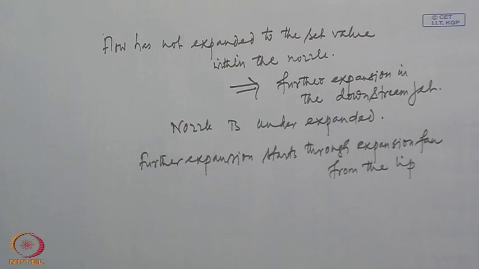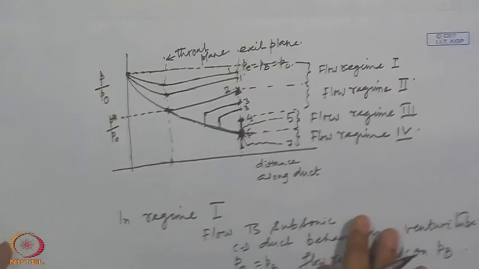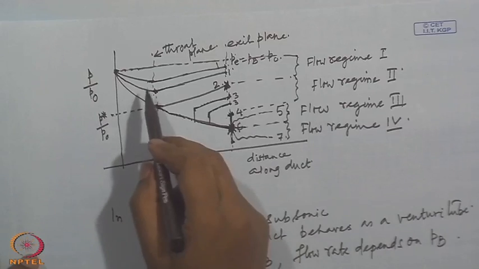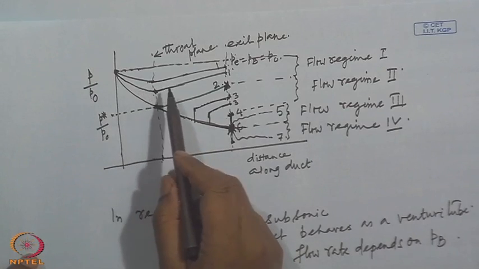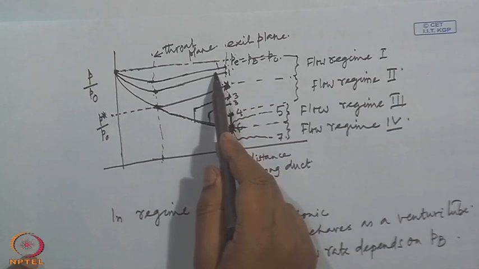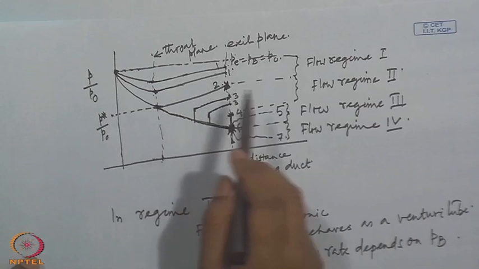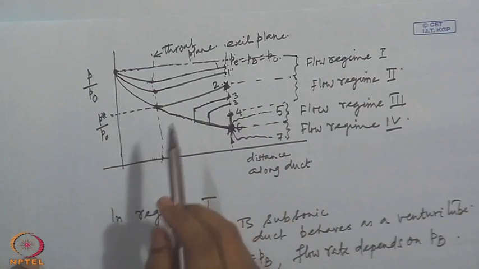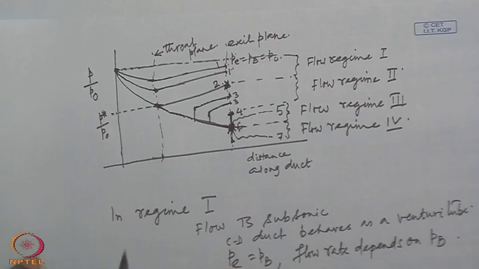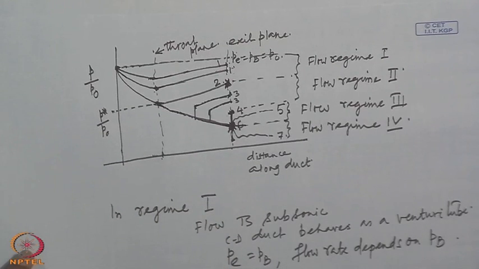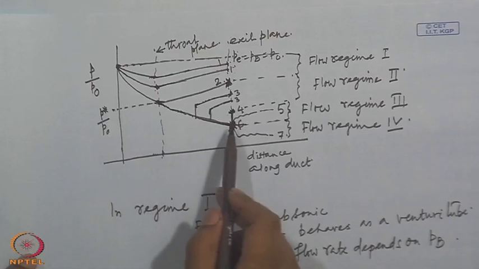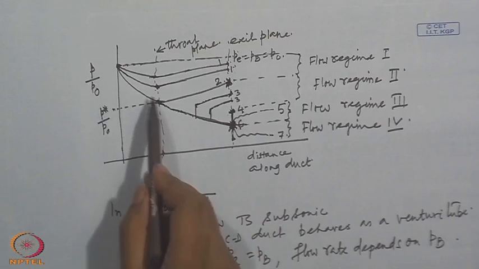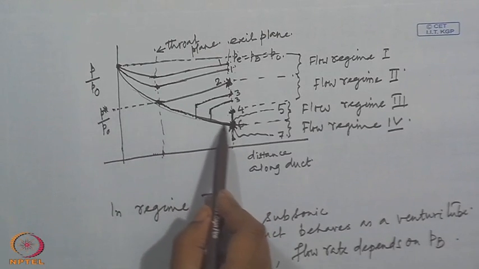Now, once again looking back to the pressure distance curve, we can see that there are infinite number of isentropic solutions possible for the subsonic part, that is within the regime 1. However, there is only one fully isentropic solution for the supersonic behavior of the converging diverging nozzle, which is this.